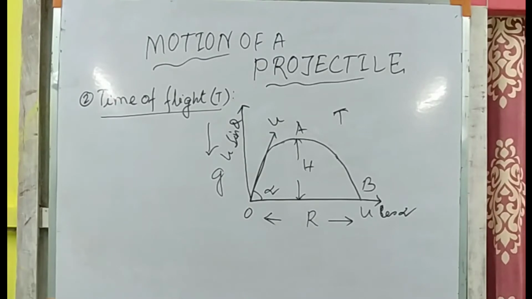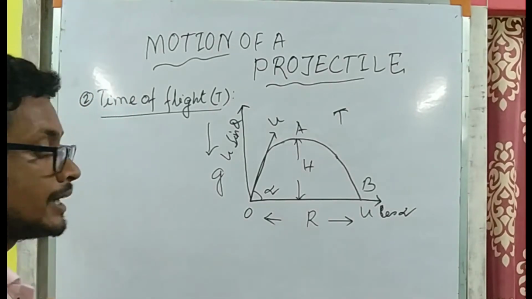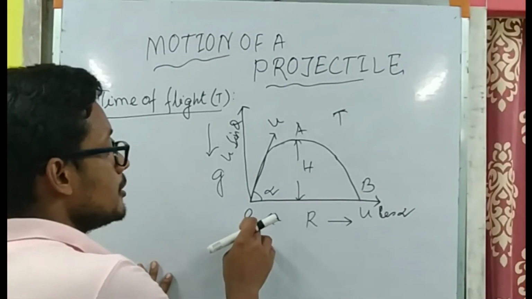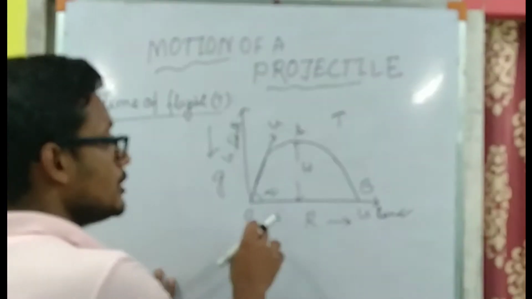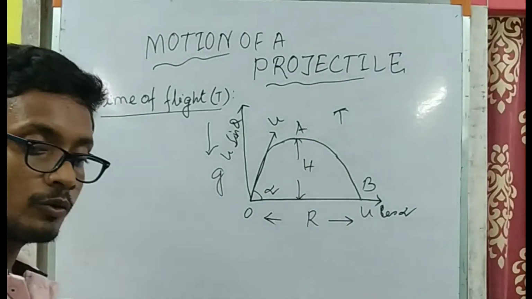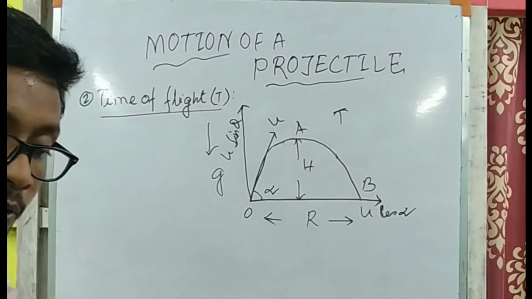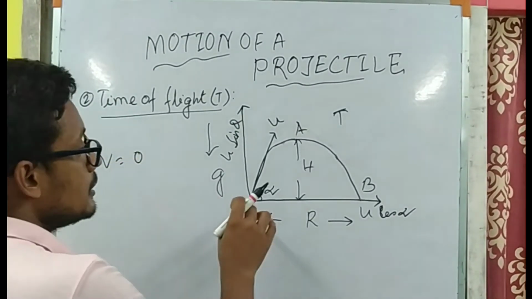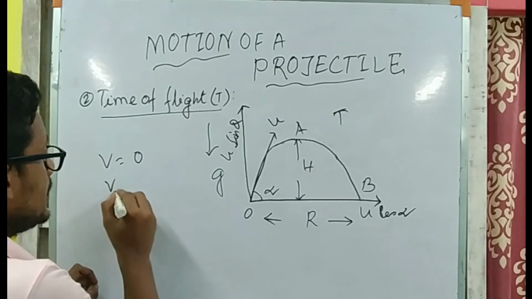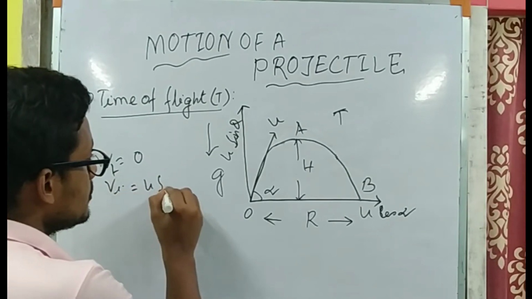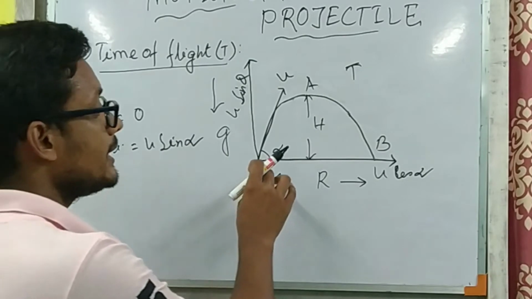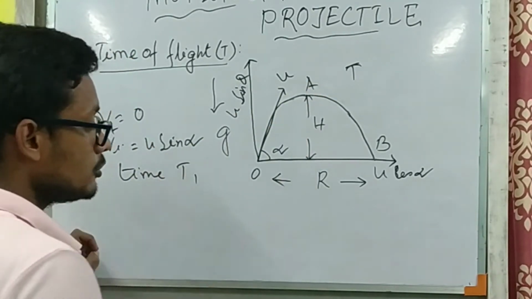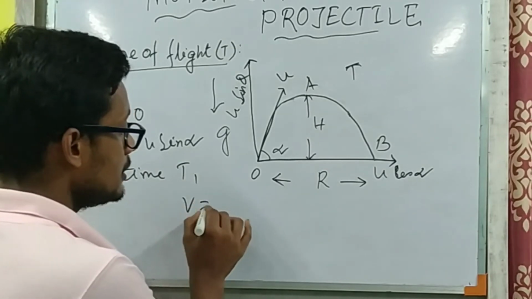Next, we will find the time of flight. Time of flight in this case can be divided into two parts: the time to reach from point O to A and the time to cover the total distance OAB. At first, we will consider the time to reach point A. To do this, we use V equal to 0, the velocity at the top. The initial velocity should be u sin alpha, and the time taken to cover the distance O to A is T1.